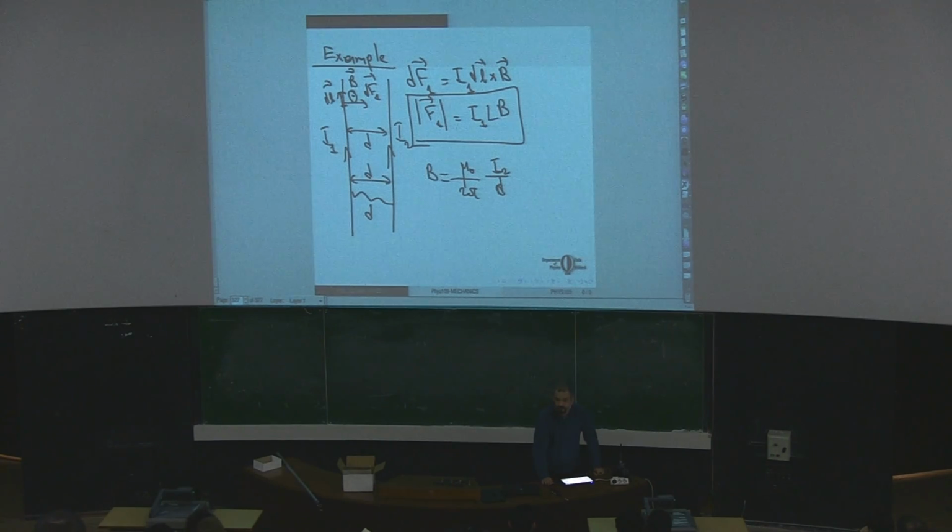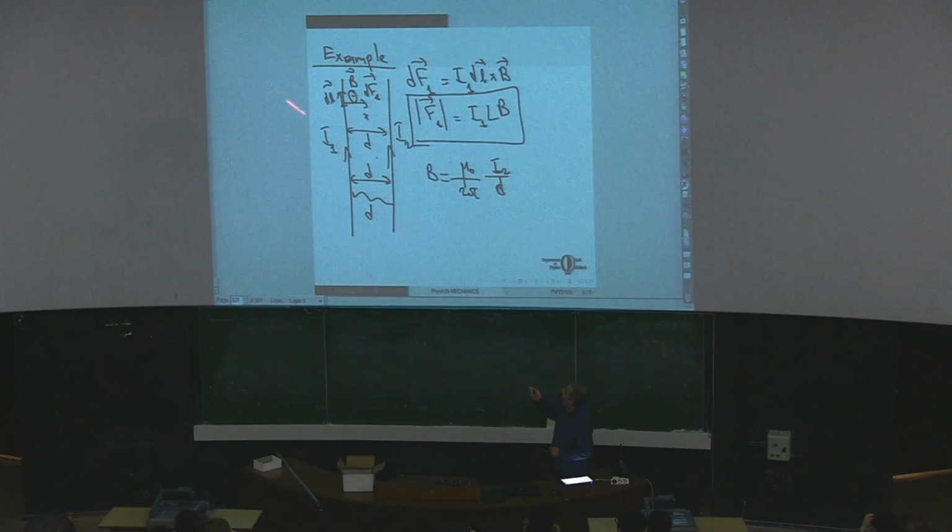The strength of my magnetic field at this point and at this point are the same, because this d is the distance from the wire itself, not from one point on the wire.